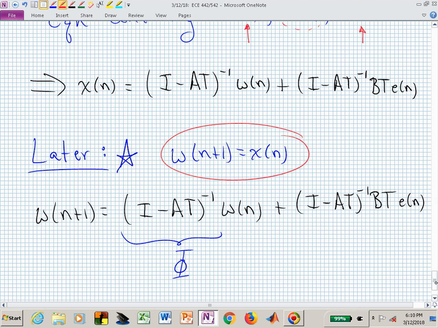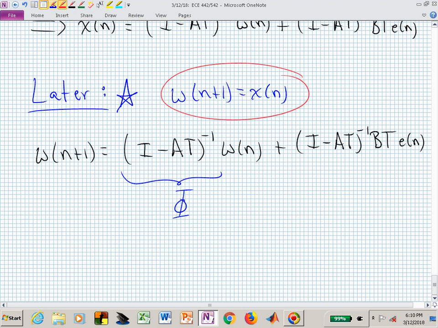What's the output equation? That's U of n is equal to C x of n plus D E of n. But now we can't write it in terms of x. We have to have the same state vector. So now the output matrix is not going to be C. What are we going to do?